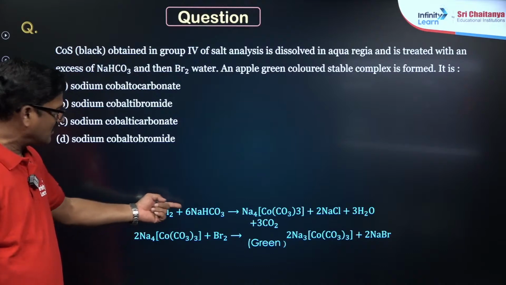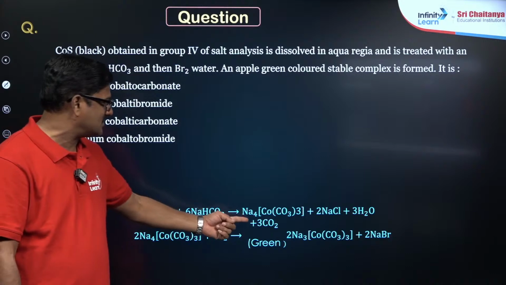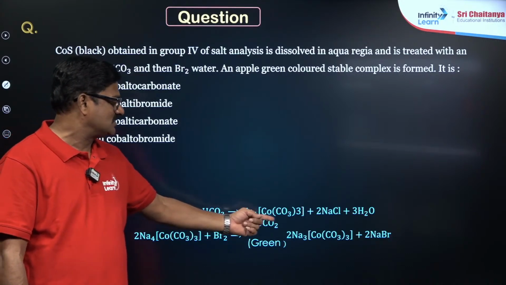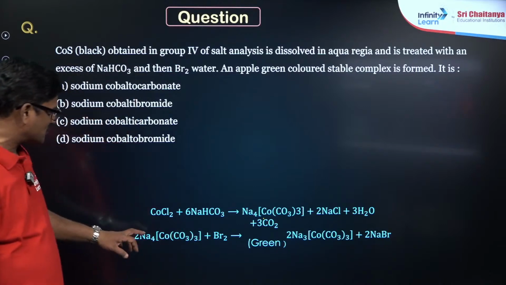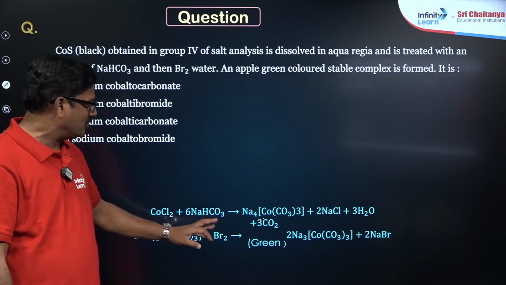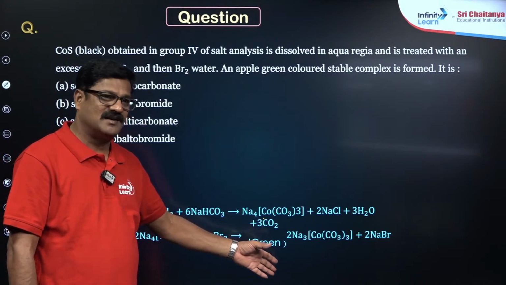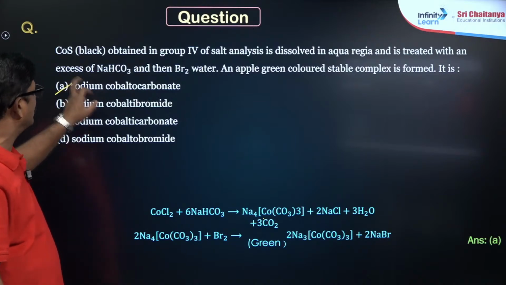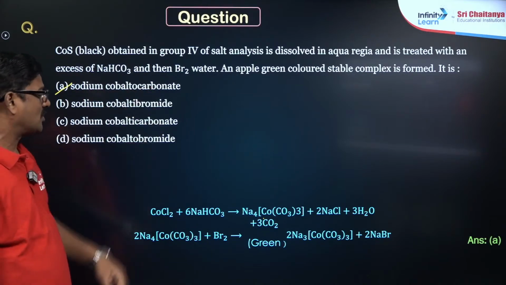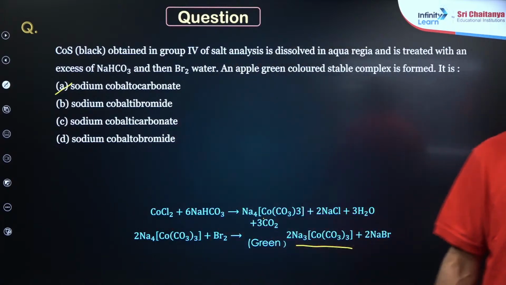Cobalt chloride reacts with sodium bicarbonate and gives rise to cobalt carbonate, and this complex reacted with bromine gives rise to a green color complex. The answer is sodium cobaltocarbonate.